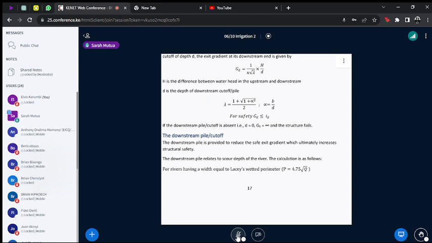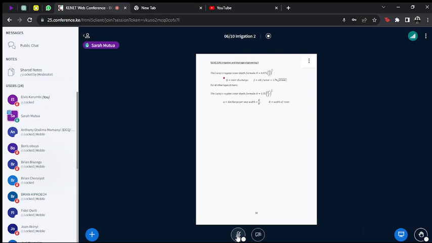And you can calculate it. For rivers having a width equal to Lacey's wetted perimeter, the Lacey regime scour depth formula, R being the maximum scour depth, is given by Q over F. And if you are doing it per meter length of the river, then you have a small q, 1.35 times (q squared over F) to the power 1/3.